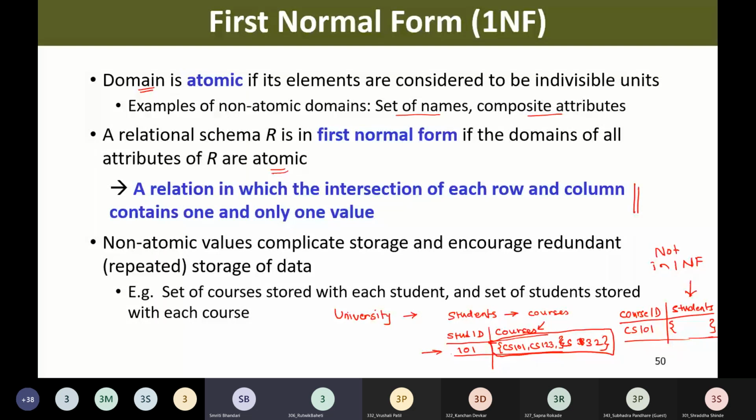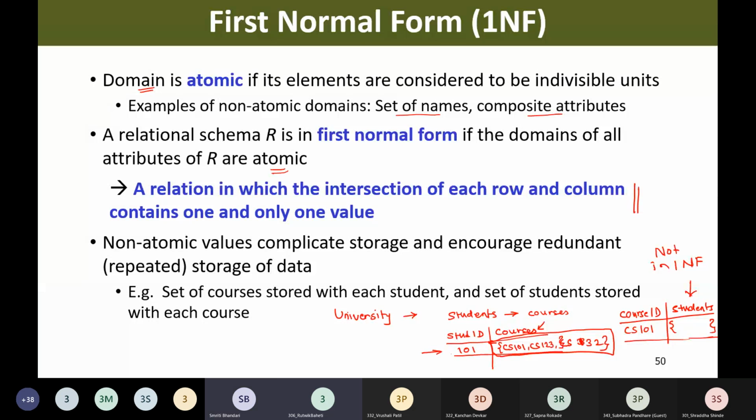A relational schema R is in first normal form if the domains of all attributes of R are atomic. So what does this mean? What do we mean by atomic domain?